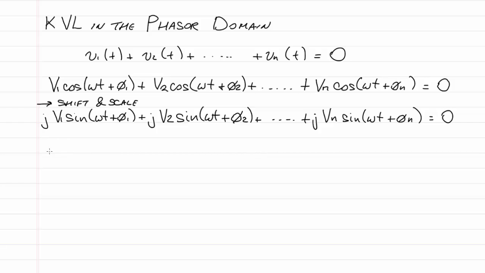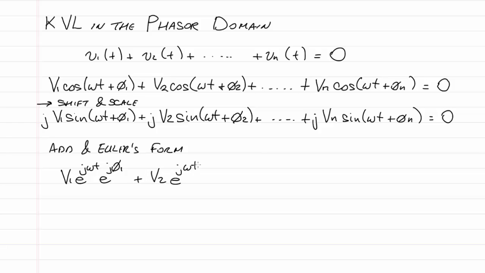I can add these two terms together and use Euler's form to express the equation as V1 e to the j omega t e to the j angle 1 plus V2 e to the j omega t e to the j angle 2 plus all the way down to Vn e to the j omega t e to the j angle n, which should all add to 0.